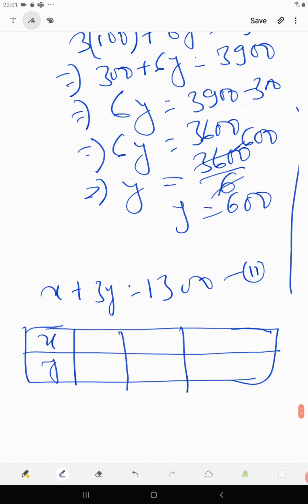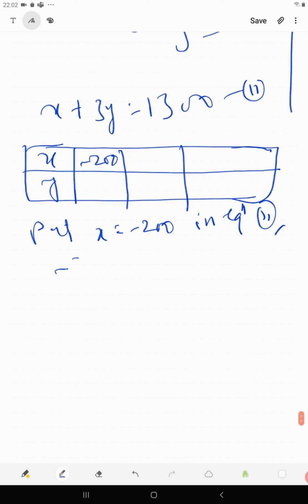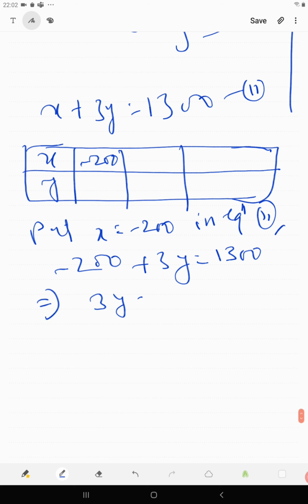So let's take x as minus 200. So put x equals minus 200 in equation 2. So what will we get? Minus 200 plus 3y equals 1300. Simplifying, 3y equals 1300 plus 200.